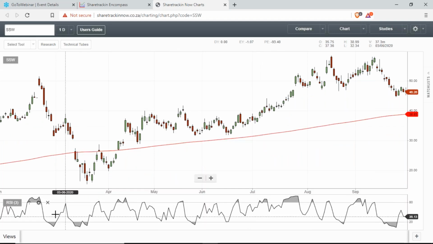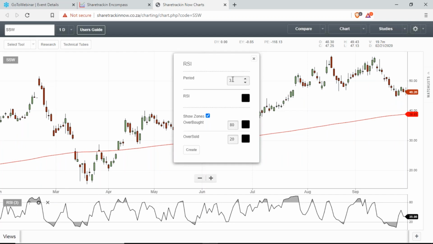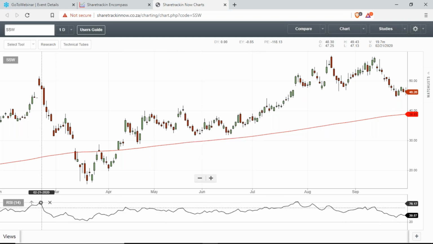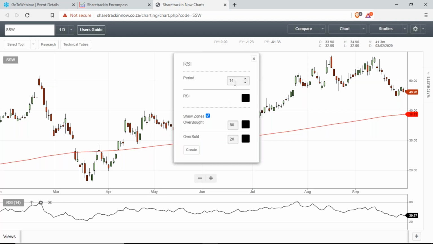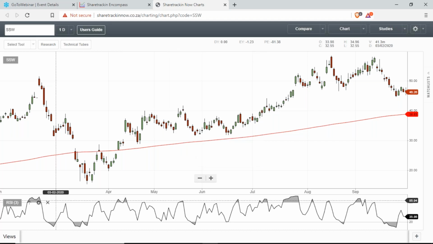Because if I have a 14-day RSI, let me just change the period here and show you that if it's a 14-day RSI, it's relatively consistent. So I don't get buying or selling signals. And for that reason, we don't use 14 days on your RSI. I'm changing it back to 3.